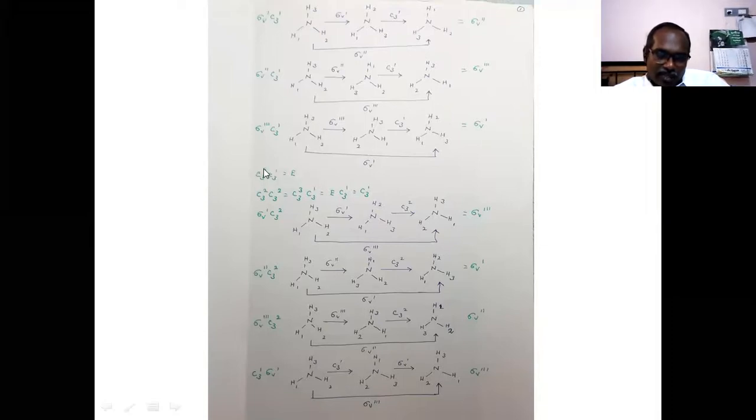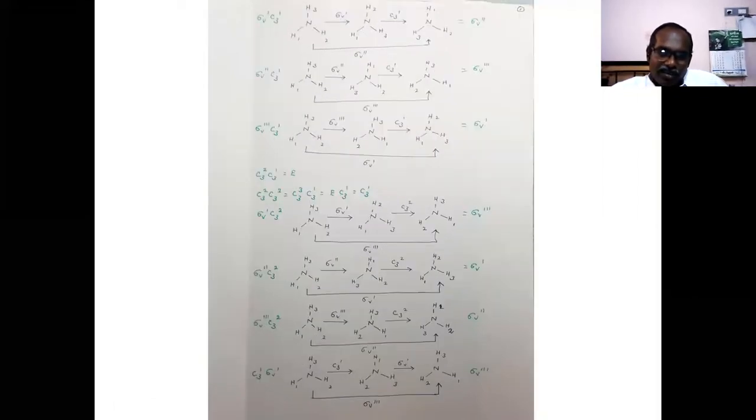As usual, C3 twice and C3 once will result in E. And also C3 twice and C3 twice, what will happen? Can be written as C3 thrice and C3 once, which is equal to C3 thrice is E, E into C3 once will be C3 once. So this is how the first column is completed.